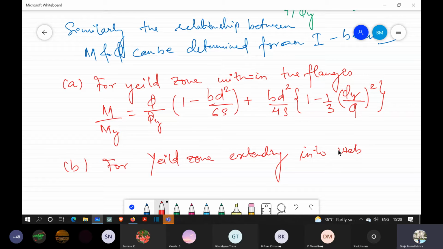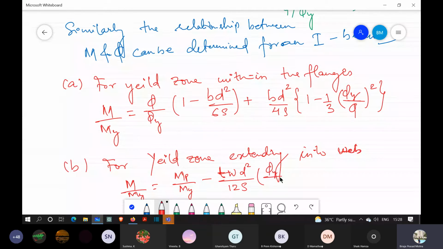Okay, that will be M by My equals to, it is Mp by My, that is the plastic moment by the yield moment minus tw into d square divided by 12s into phi y divided by phi square.